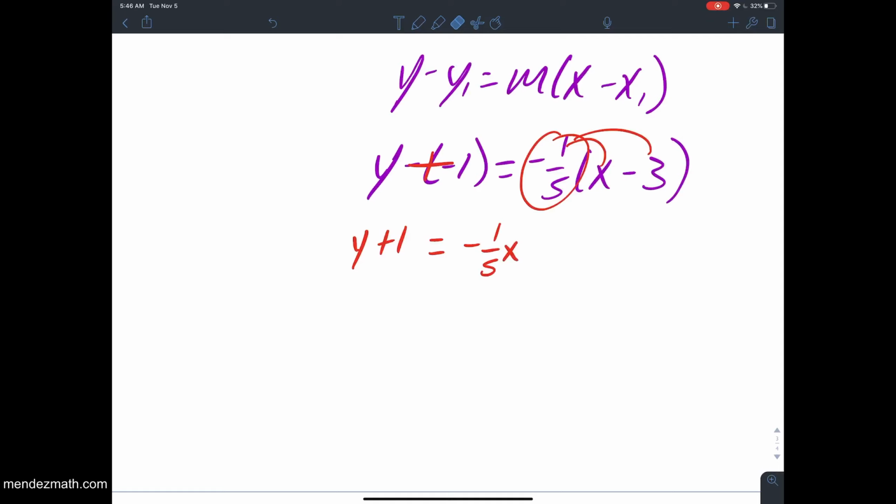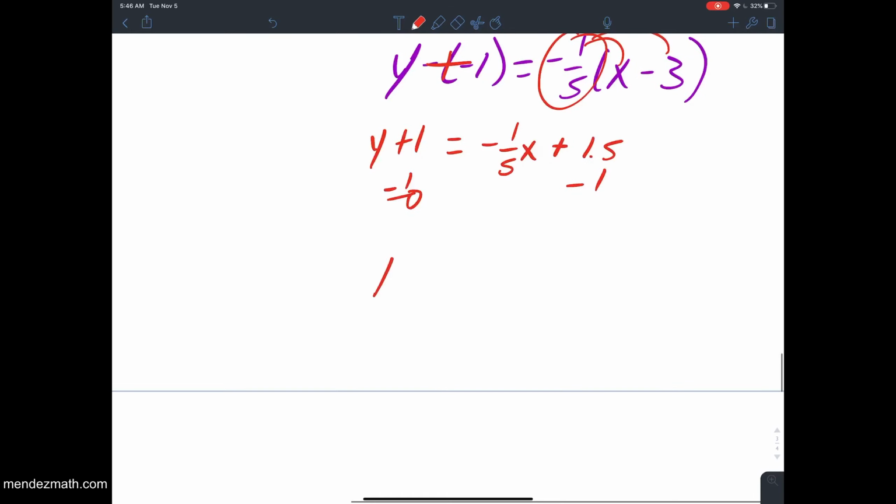Actually, it does look kind of messy, but for now, let's just do it. We'll do plus 1.5. And then we're going to subtract 1 from both sides. So y equals negative 1 over 5x plus 0.5.